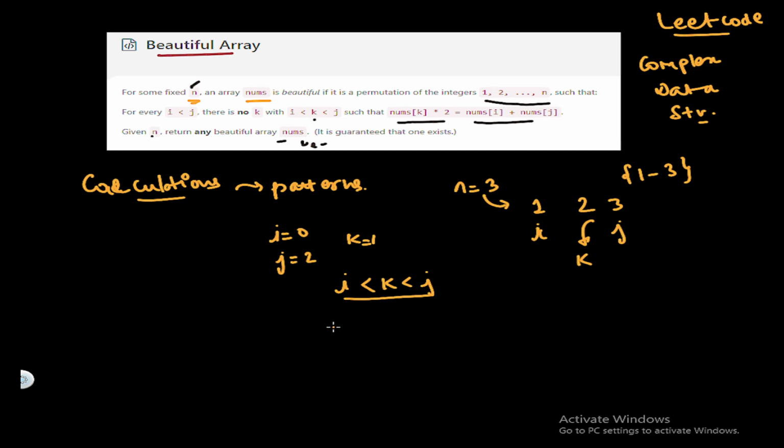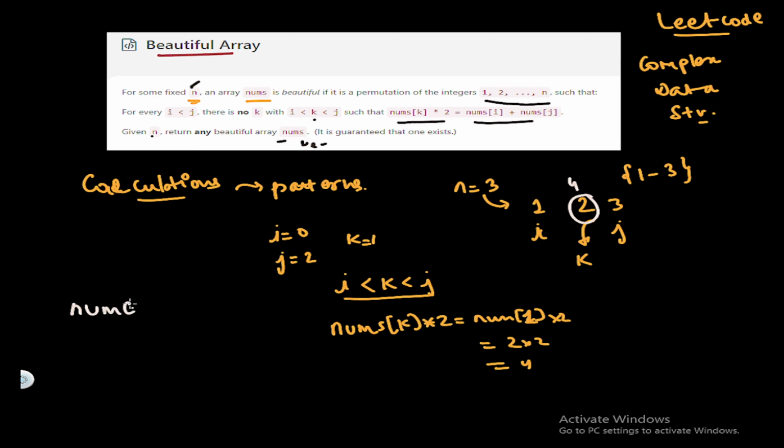Now let's check the condition: nums[k] * 2, which means nums[1] * 2, is 2 * 2, which is 4. Now nums[i] + nums[j] is 3 plus 1, which is 4.